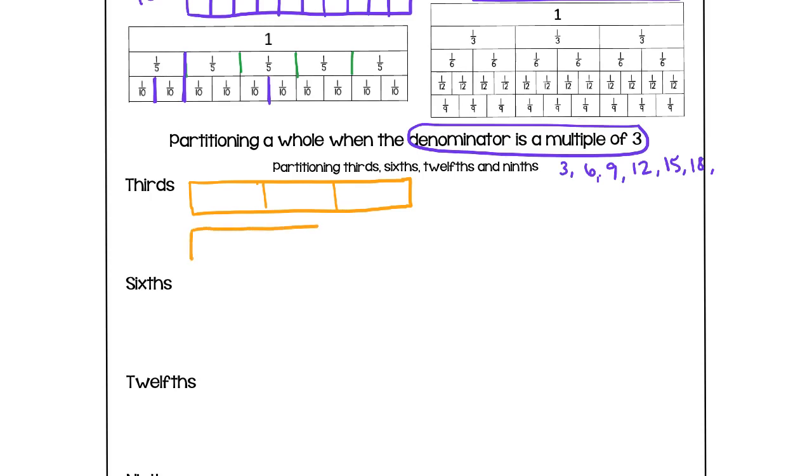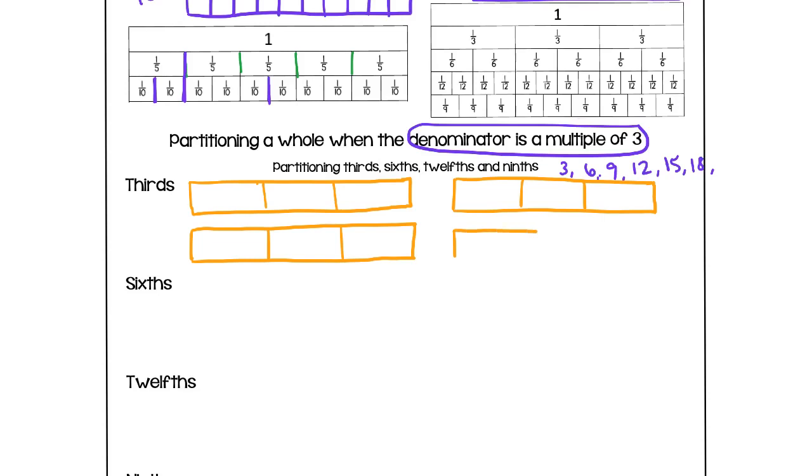Alrighty, let's try another one. Draw your whole. And we're going to partition it into thirds. Beautiful. Okay, 2 more times. Draw your whole. Partition it into thirds.